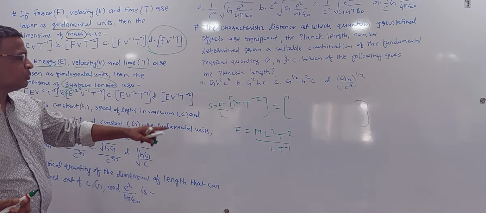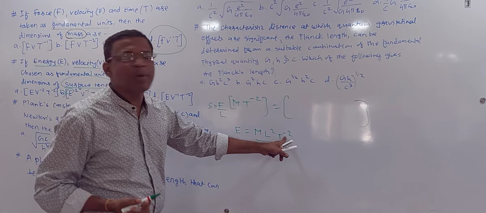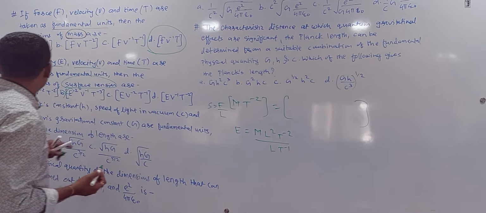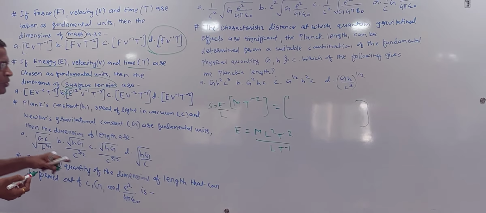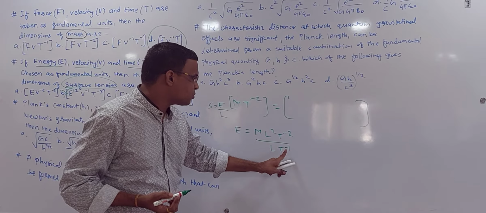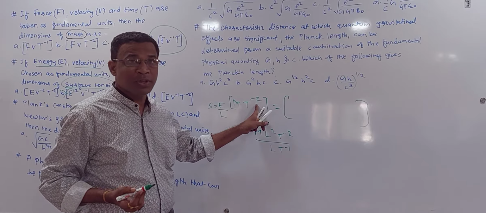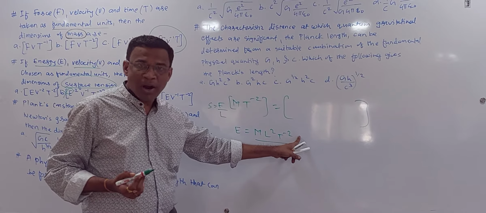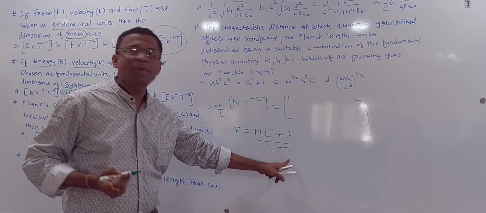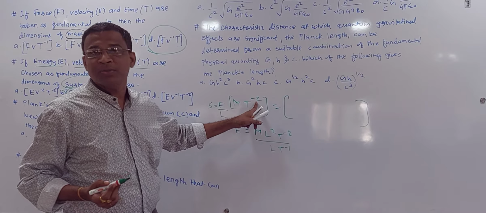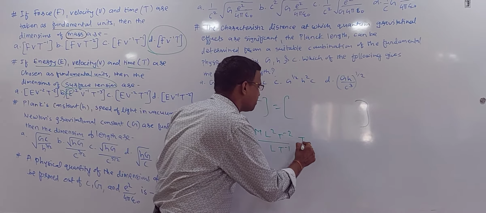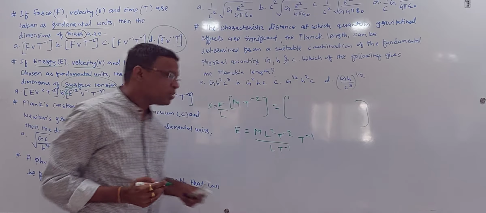And if this is LT minus 1, this becomes T minus 1. That means if T minus 1 is left, I require T minus 2 here. I am left right now with T minus 1. I require T minus 2. That means there should be another T minus 1.